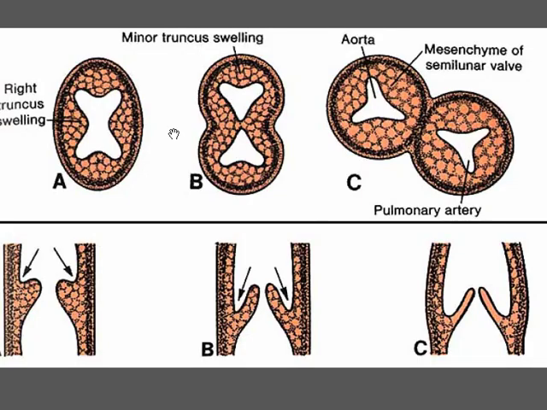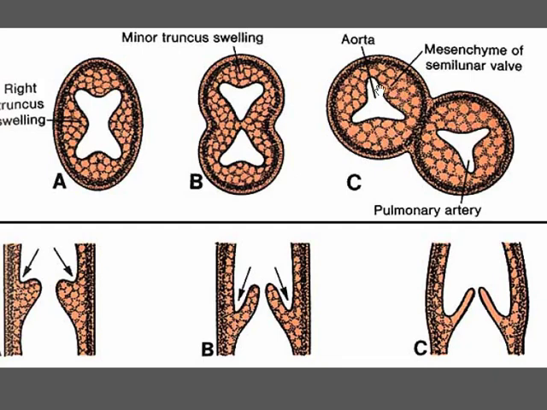This image illustrates semilunar valve formation in the aortic and pulmonary valves. Initially, the truncus arteriosus is not partitioned, then ridges come in to partition it, and here we see an aortic valve and a pulmonary valve, and there are 3 semilunar cusps that are formed.